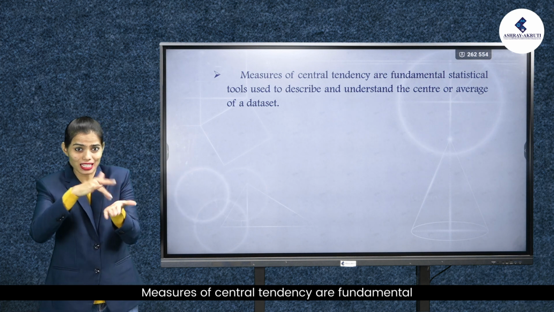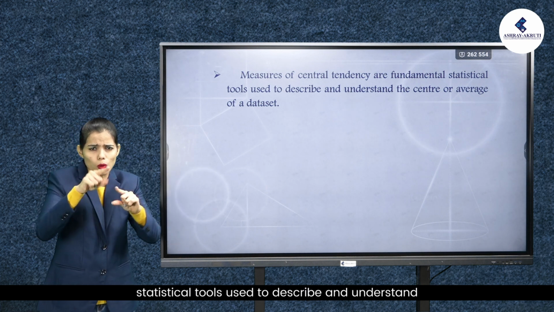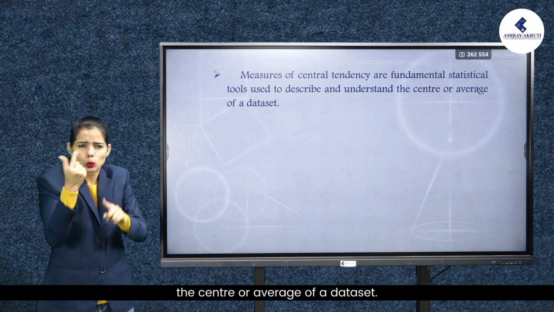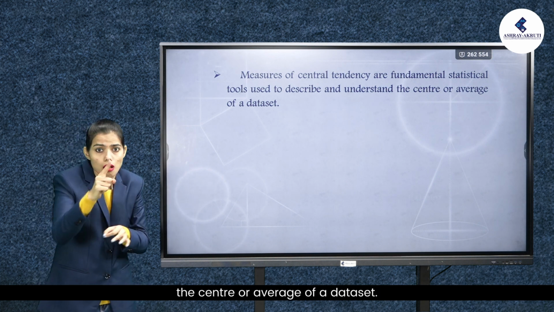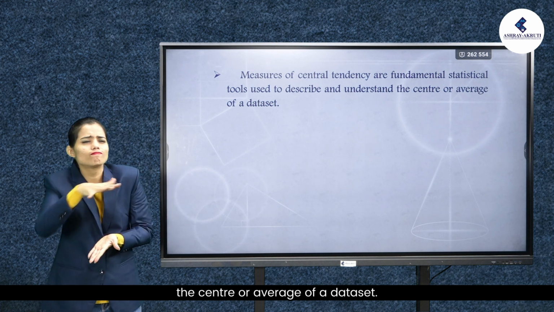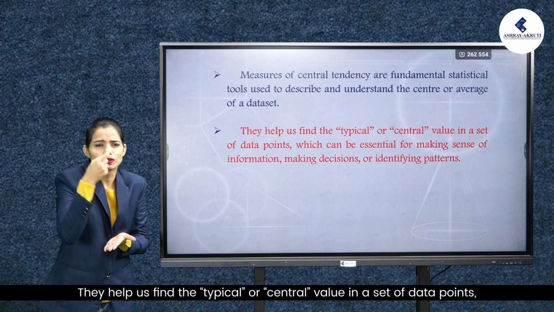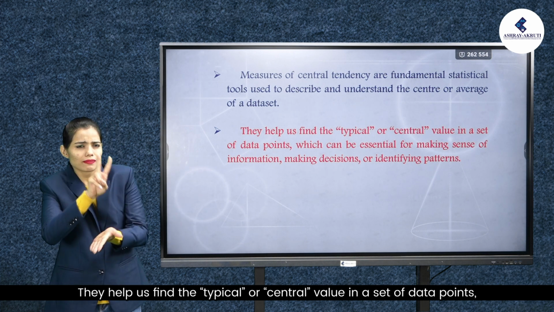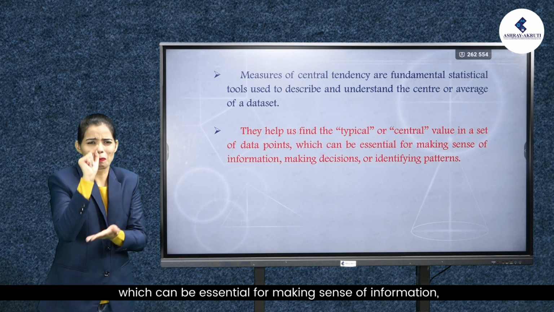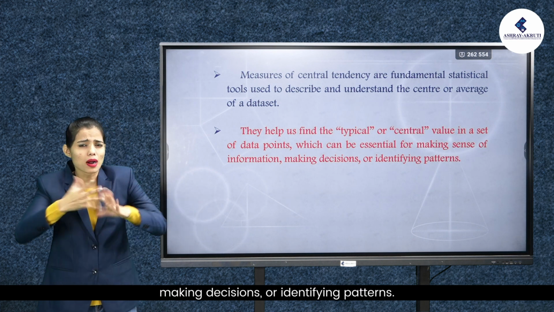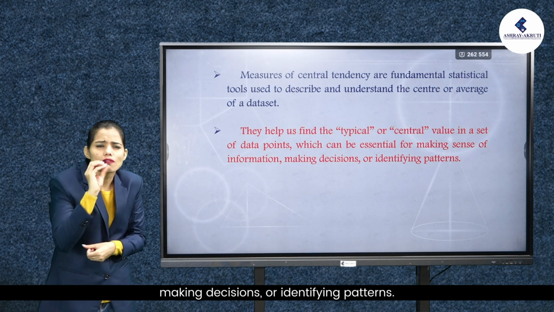Measures of central tendency are fundamental statistical tools used to describe and understand the center or average of a data set. They help us find the typical or central value in a set of data points, which can be essential for making sense of information, making decisions, or identifying patterns.